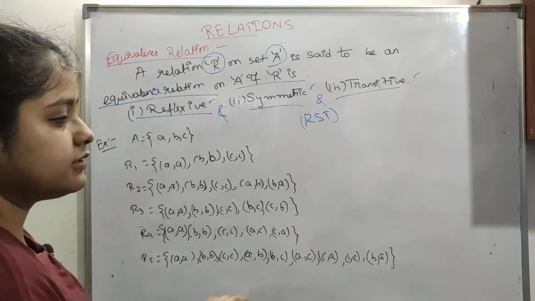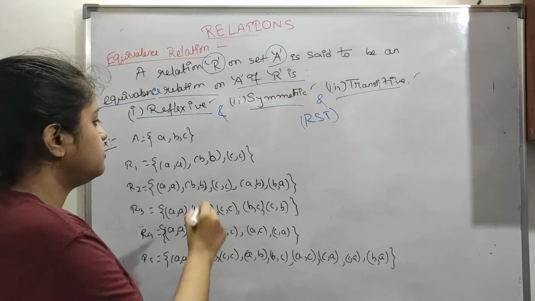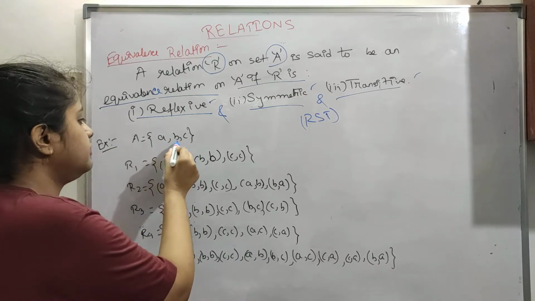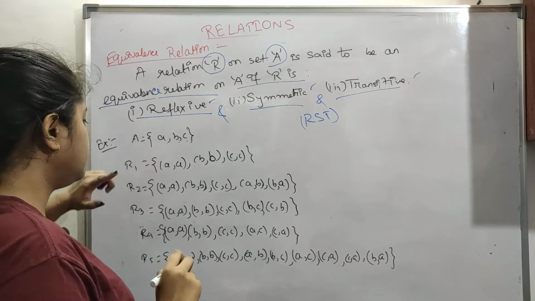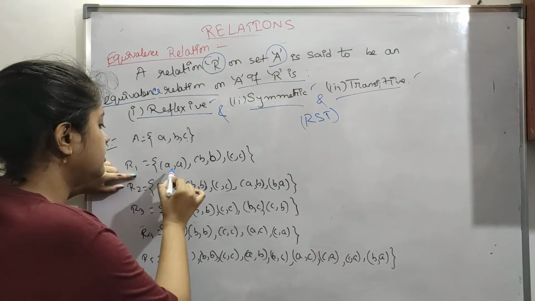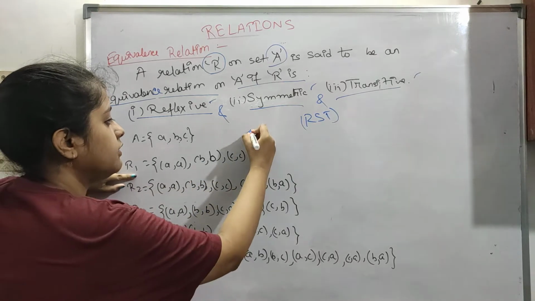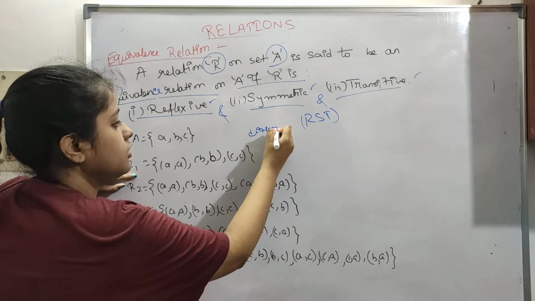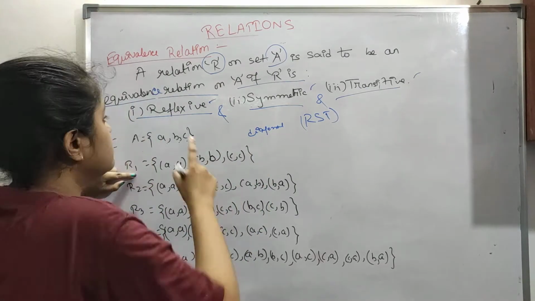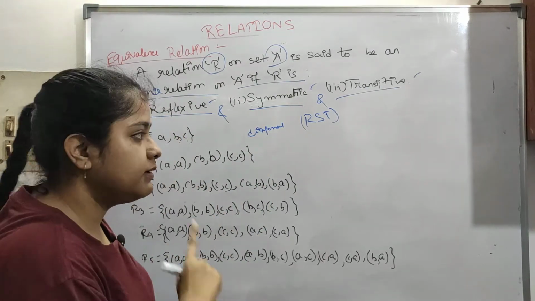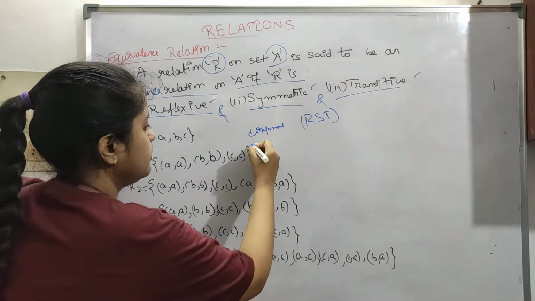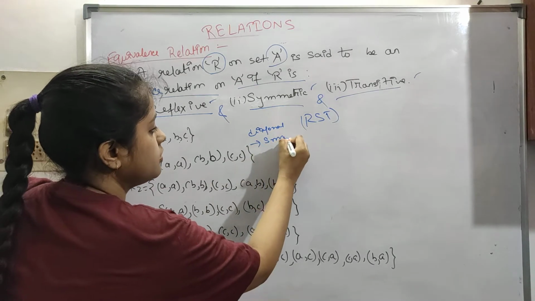So now let's check some relations here. Let's say in set A, a, b, c are present. Now let's say R1 is the relation {(a,a), (b,b), (c,c)}, all diagonal elements present. If a relation has to be reflexive, all the diagonal elements have to be present. So this is our smallest.